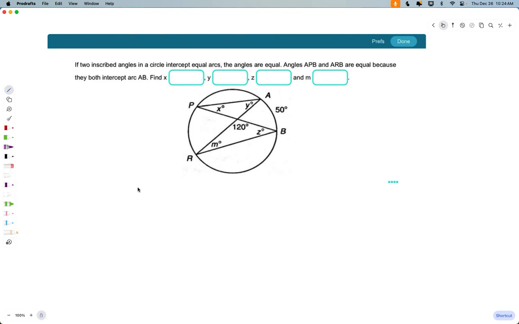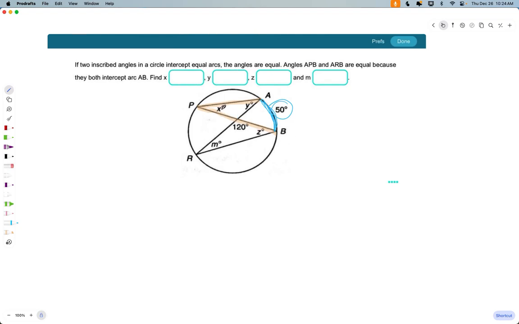About like that. Okay, so you have APB, and they both have the same arc right here. This arc right here, arc AB, that part of the circle, it's 50 degrees. So that means this angle APB is 50 degrees.